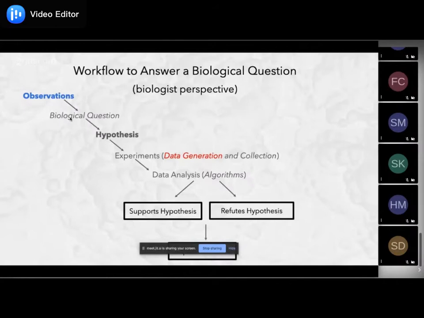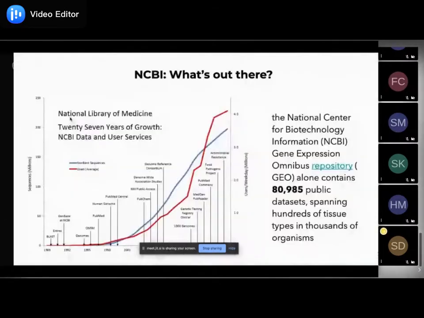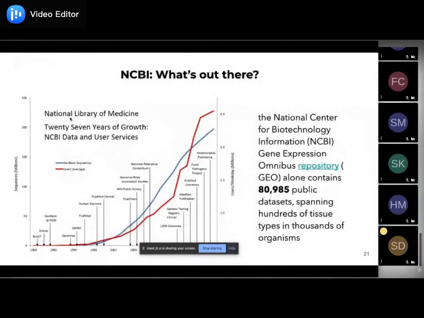NCBI has an insane amount of data, but not all the data has been analyzed, because some people generated data for a different biological question, but that data can be used for answering another question as well. So NCBI, as I was telling you, has grown exponentially in the past few years.